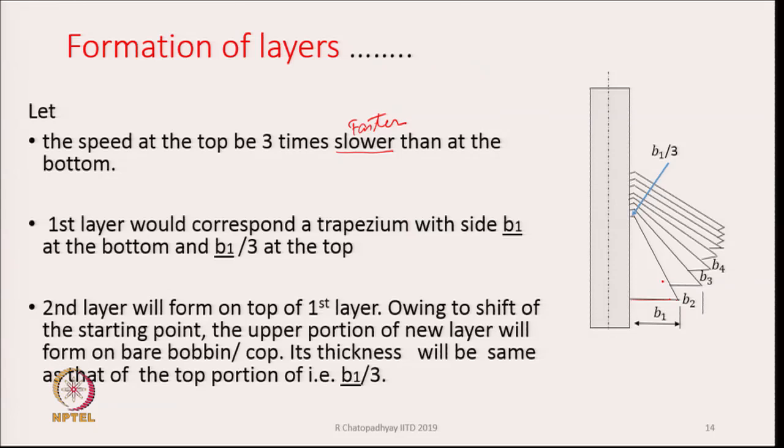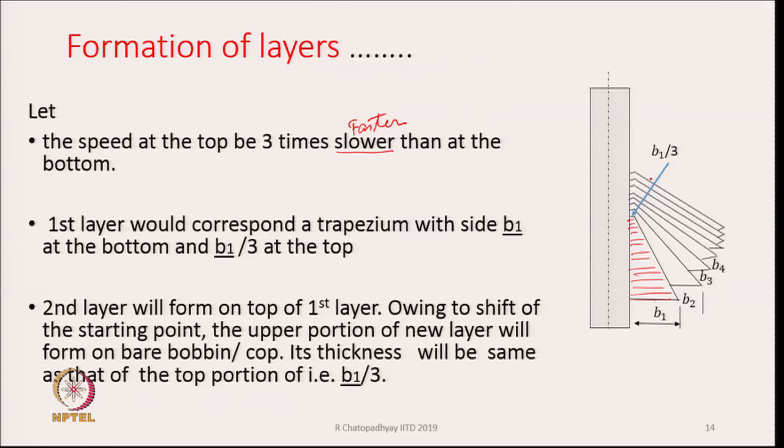So, speed becomes faster by 3 times, and therefore we actually lay less yarn here. Here it is moving slowly, so we put more yarn over here. Whatever B1 is here, at the top it is going to be B1 by 3.